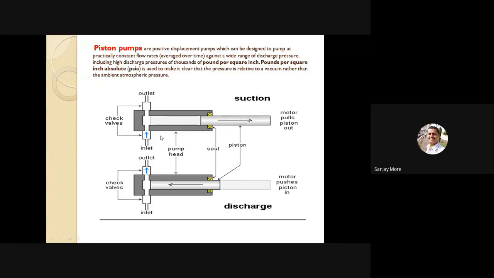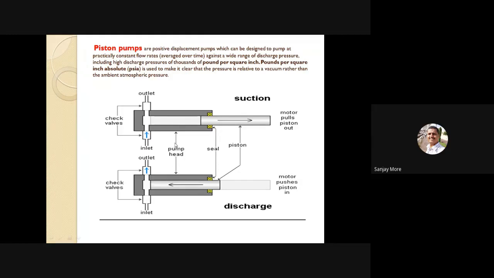In the second diagram, discharge or compression, when the motor pushes the piston this side, the inlet valve is closed and the outlet valve is open.